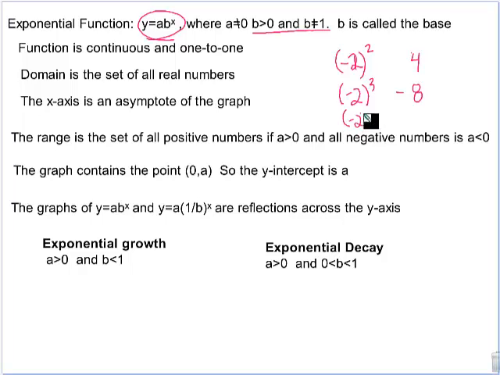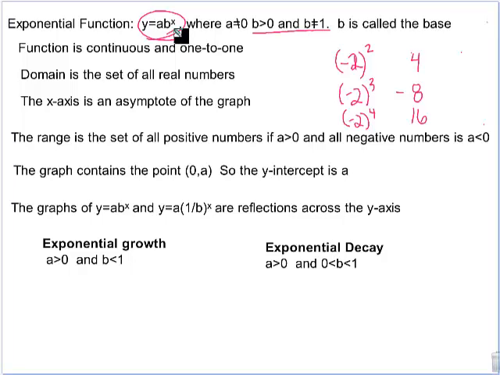What would be negative 2 to the fourth? Positive 16. So this graph would be up and then a negative number, then a positive, then a negative, then a positive, then a negative. So taking negative numbers to exponents doesn't work. It's not going to give us that continuous function. So it's got to be positive. And b can't equal 1. Well, what would be the problem with b equaling 1?